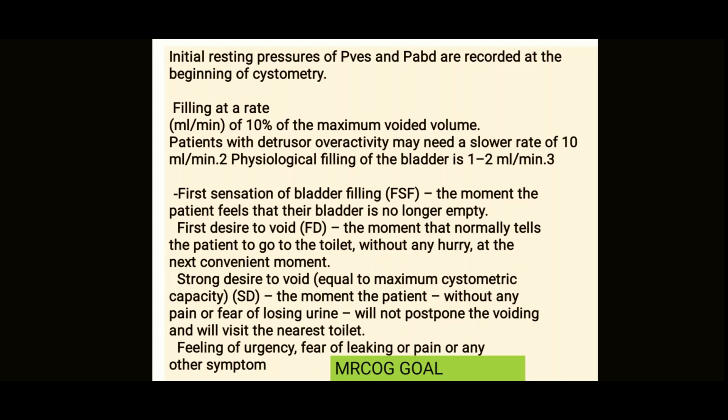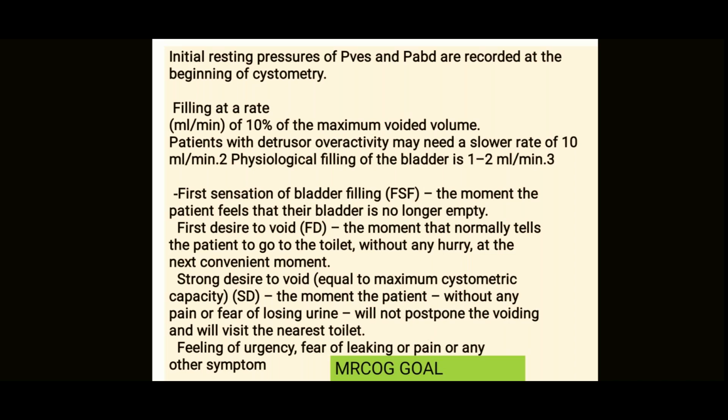Now the initial resting pressures of the P ves, that is, the pressure of the bladder, and the P abdomen are recorded at the beginning of the cystometry. So first record the resting pressure. Then you have to fill the bladder at the rate of ml per minute of 10% of the maximum voided volume.